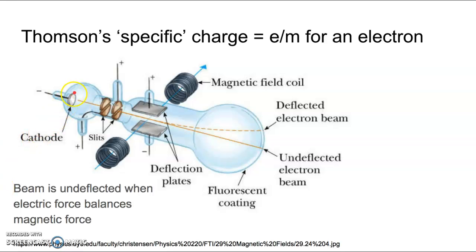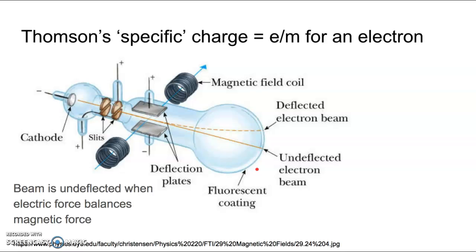He had a cathode ray tube, very similar to the oscilloscope, and it accelerates electron beams there. If you've got either electric field or magnetic field, that will deflect the electron beam. The electric field is vertical here, the magnetic field is side to side. Both of those will deflect an electron beam either upwards or downwards.